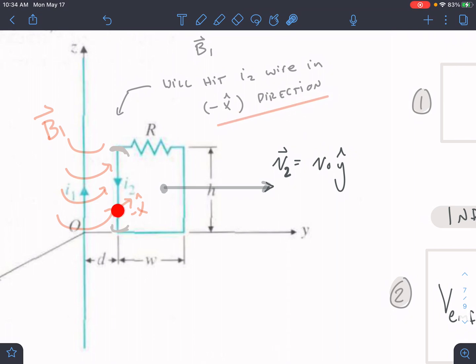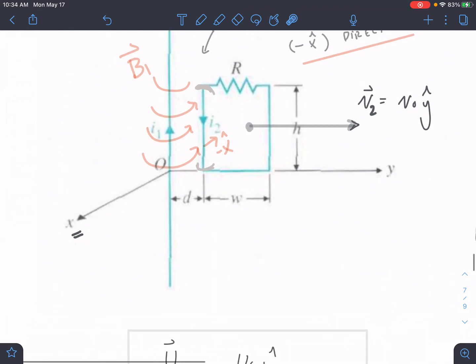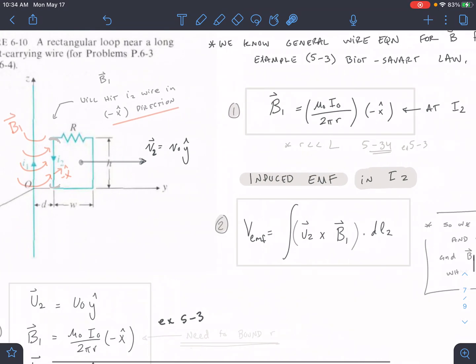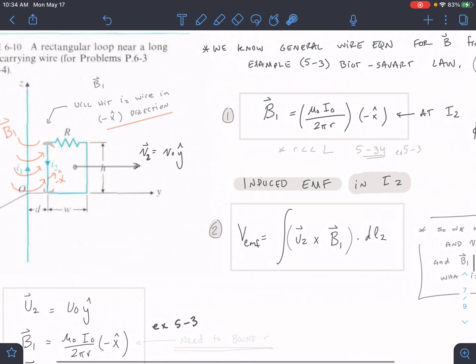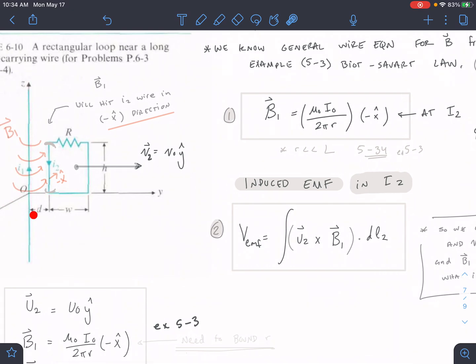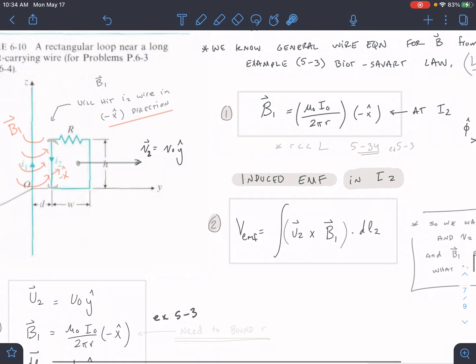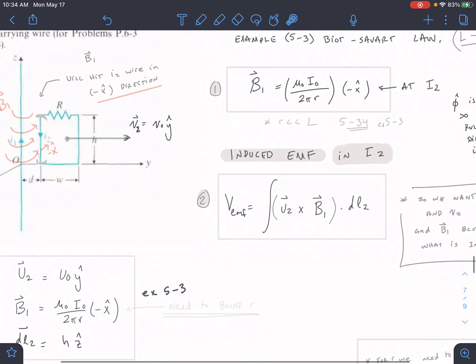So if you look at the circuit, you should be able to see that. It's going in the negative x hat because this is positive x, so negative x would be back. Okay, so that's our B1. So our B1 is the B field from this wire at the point that it's hitting I2, because we want it where it's hitting I2 and inducing that current.